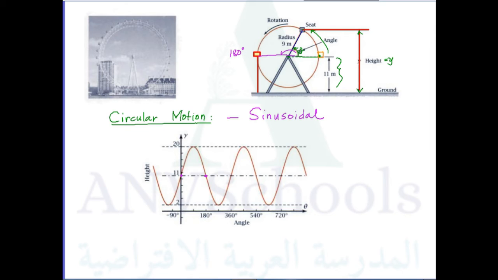Now take a look when your position is at 360 degrees. At 360 degrees, you are landing up at the same height again, but this time it would be your original seat. Okay, the original position. So when this rotates another 180 degrees, that would be 360 degrees all in all.